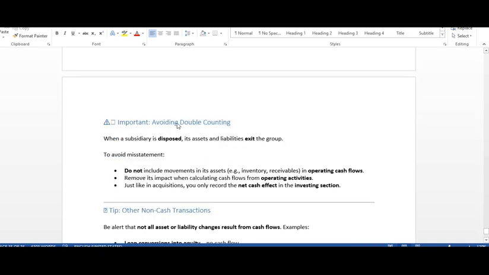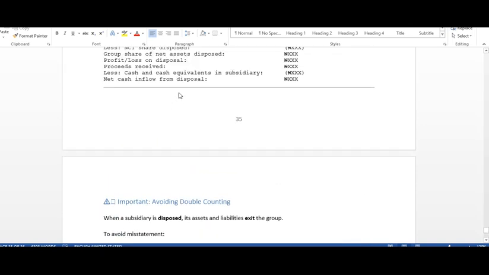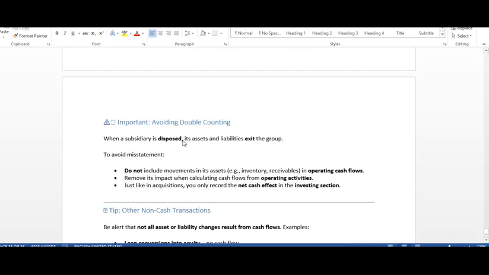Now, the importance also is to avoid double counting. So when a subsidiary is disposed of, its assets and liabilities exit the group, of course. And to avoid misstatement, do not include the movement in the assets, inventory and receivables. Don't include it.